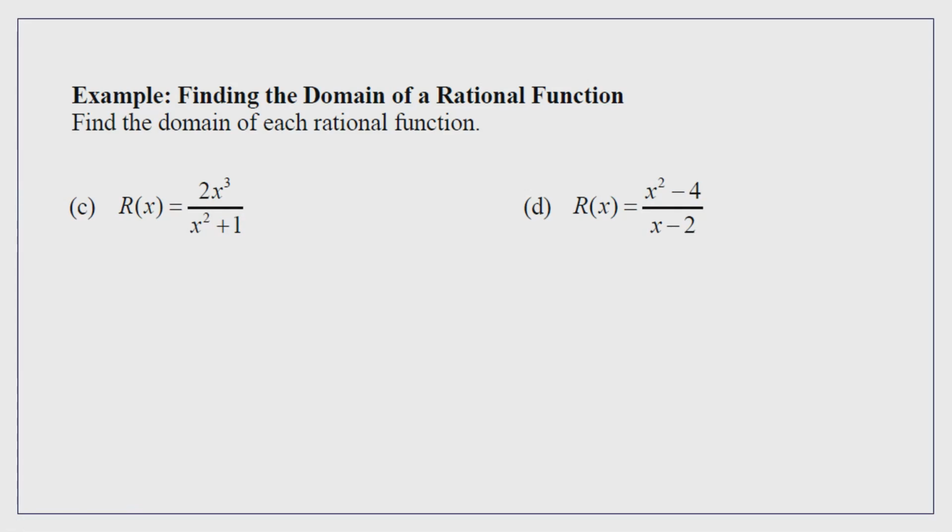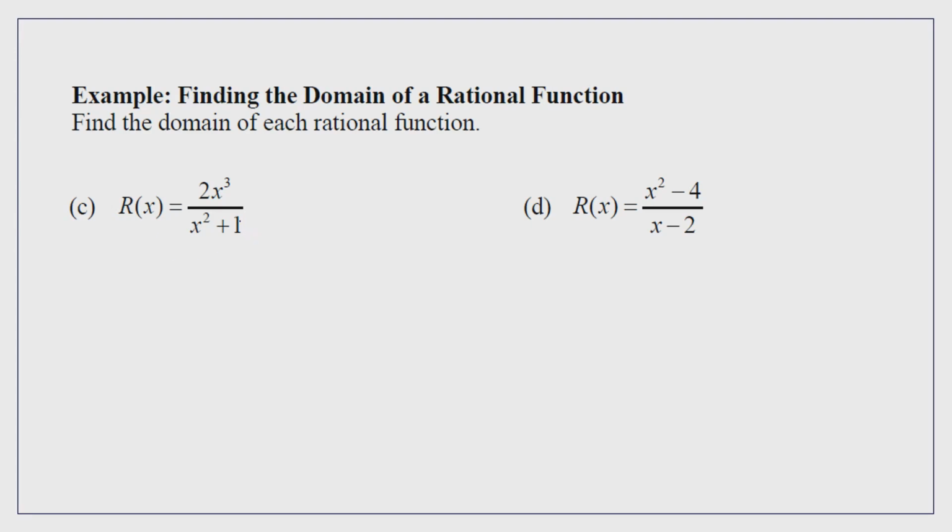For c, we have r of x equals 2x cubed divided by x squared plus 1. Okay. So when we plug in any value for x, whether positive or negative or even 0, we can see here that our denominator will be positive.